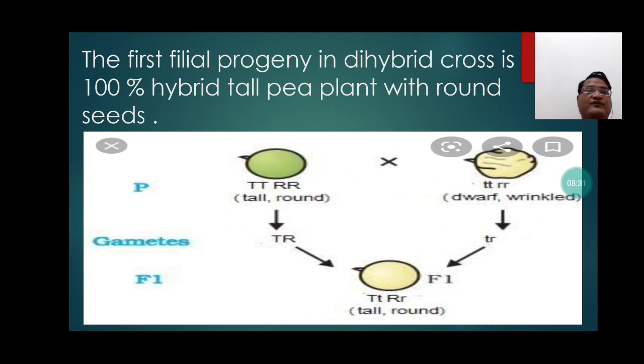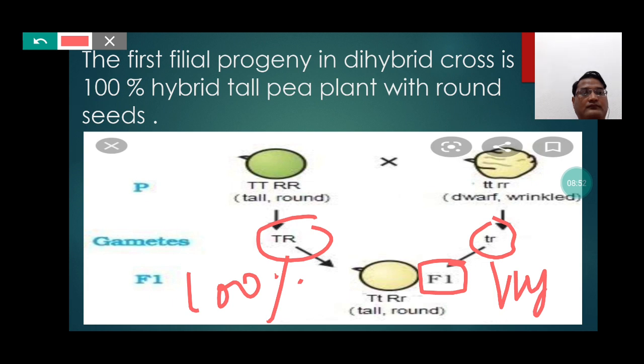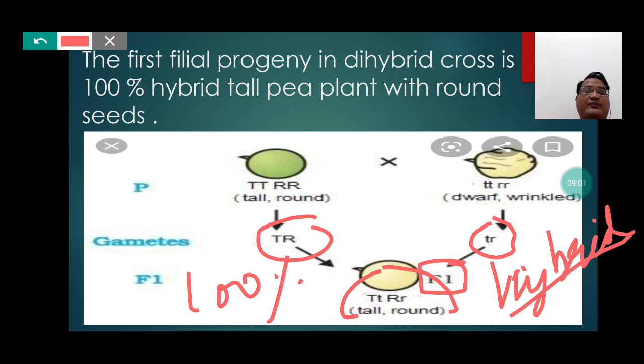So students, when both of these two are further crossed, then after the gametic fusion in the F1 generation, 100% hybrid tall round seeds are being obtained.